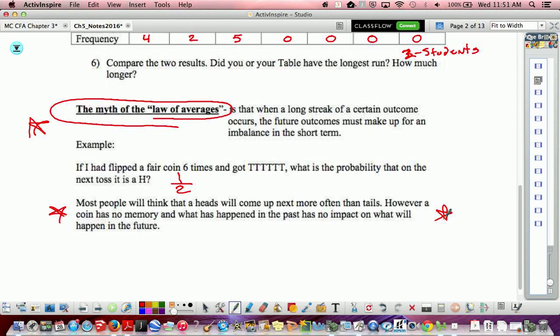Hence why you get 37 or 38. At certain casinos, one of the bets you can make is the color of the next roll, red or black. And they pay you basically equal odds.